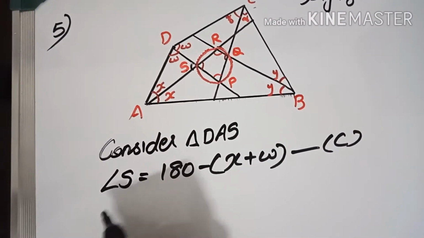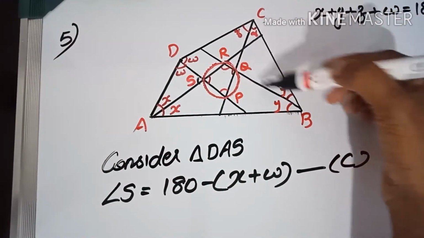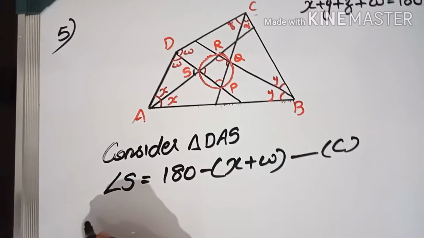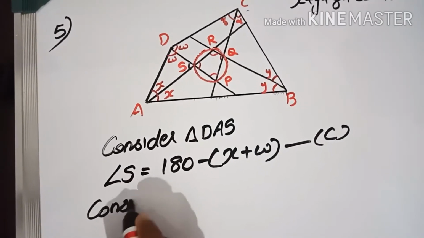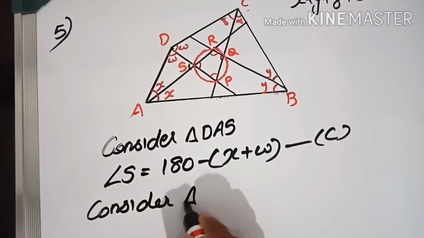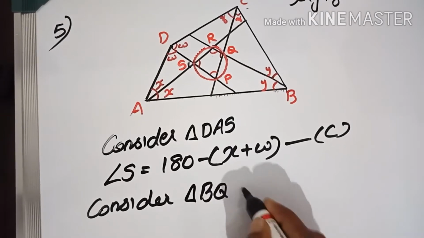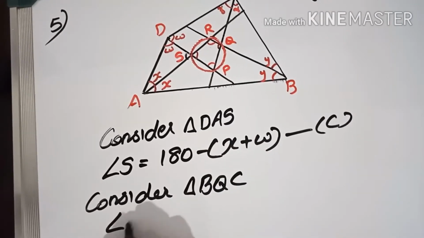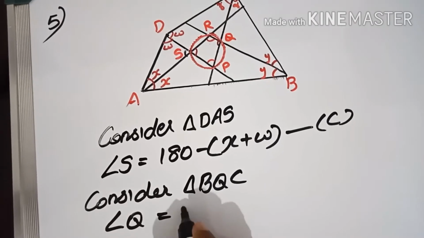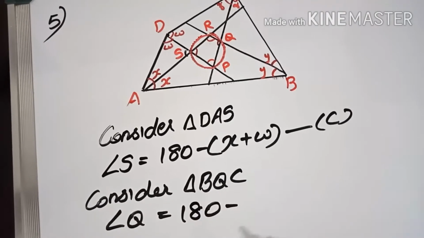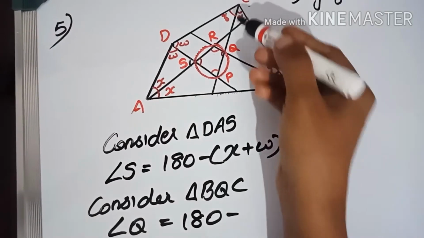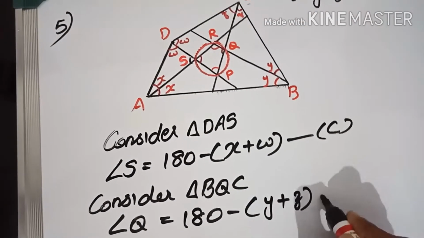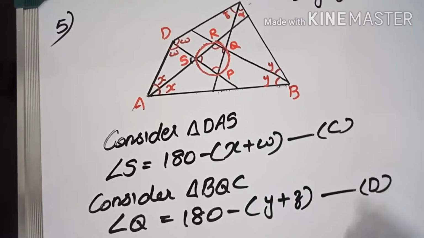So BCQ, let's consider with the two angles as Y and Z. Consider triangle BQC. So in that, angle Q will be what? Angle Q equal to 180 minus the two angles Y and Z. So 180 minus (Y plus Z). This is equation D.